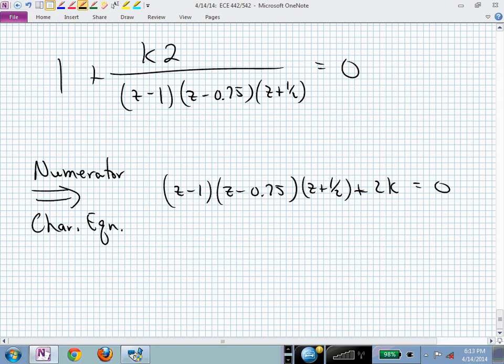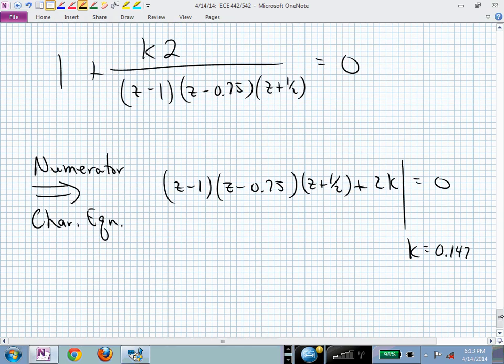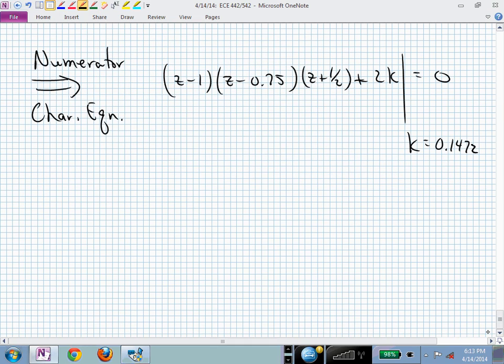And if you plug that into your calculator, for example, with k equal to 0.1472, we end up with the closed loop poles being at 0.94 plus and minus j 0.42 and minus 0.631. Is that stable? If you don't know, what would you do to check stability?